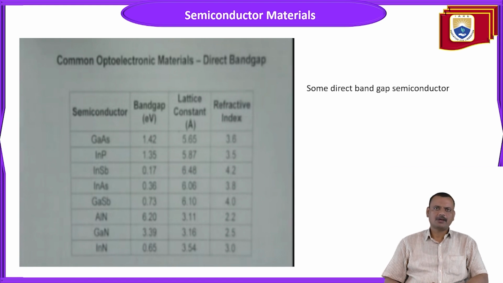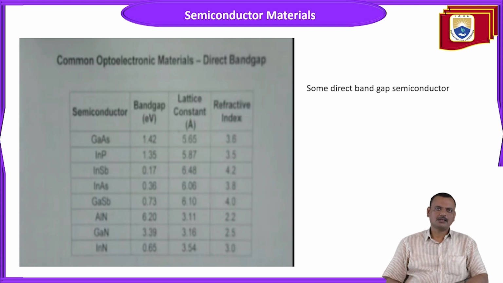The binary direct band gap semiconductor materials were gallium arsenide, indium phosphide, indium antimonide, aluminum nitride, gallium nitride, and indium nitride.